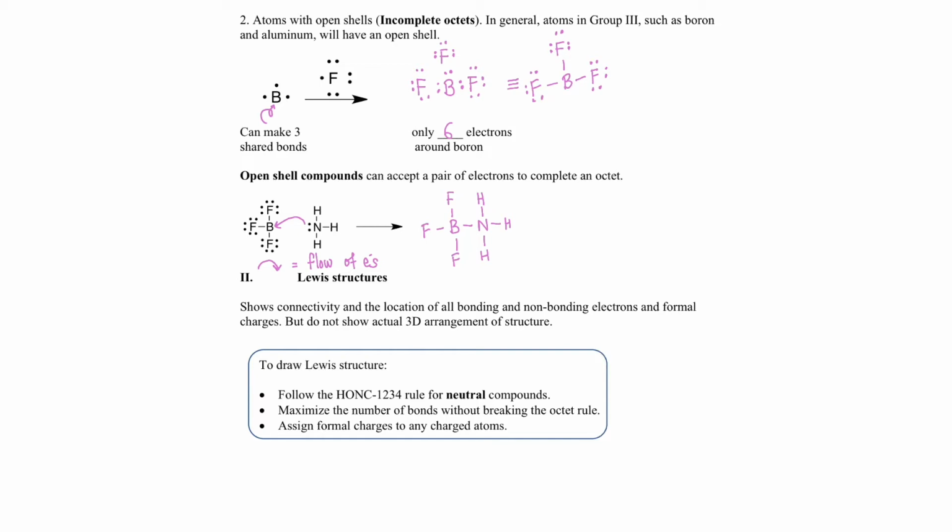So boron usually has 3 valence electrons. And here, you're going to subtract 4, which is the number of electrons directly attached to boron. So that's these 4 right here. And that means boron is going to have a formal charge of -1.